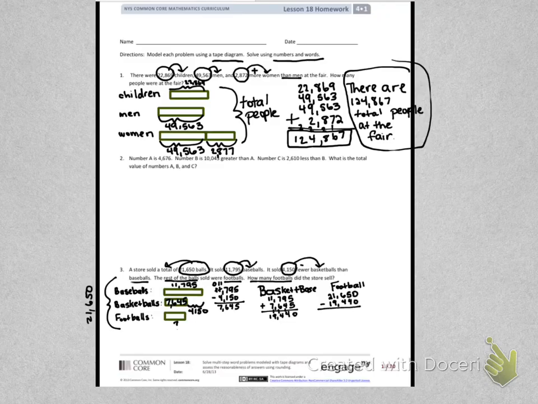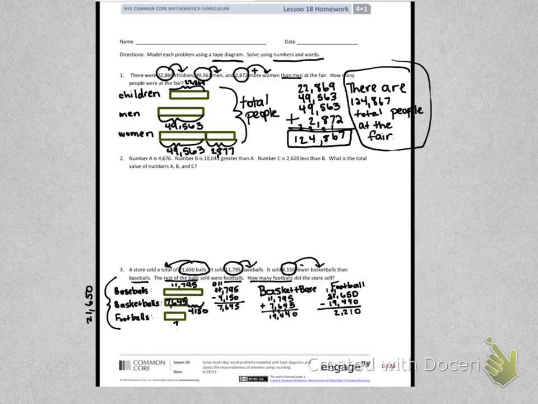I'm going to look to see if there's any regrouping that needs to happen. It looks like the only thing that needs to regroup is in the thousands place. I need to take a 10,000 away, leaving me with 1 10,000. And in the thousands place, I'm going to get 11 thousands. And now you can subtract. 0 subtract 0 is 0. 5 minus 4 is 1. 6 minus 4 is 2. 11 minus 9 is 2.